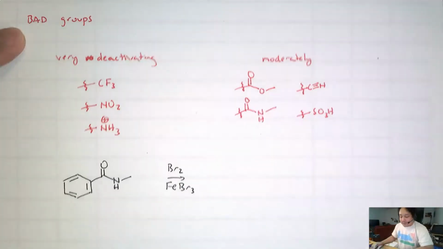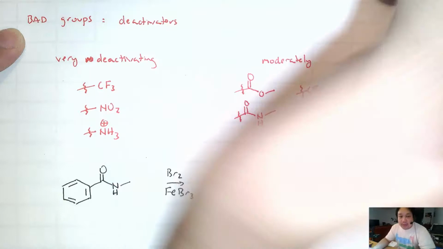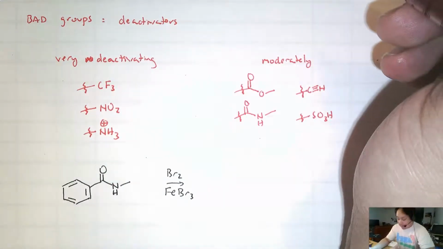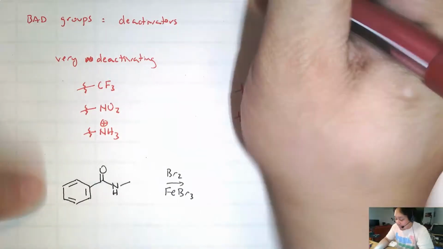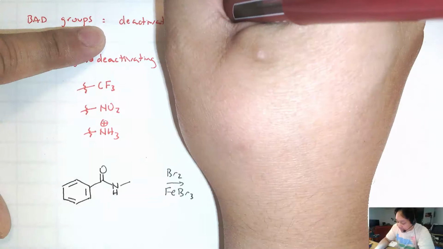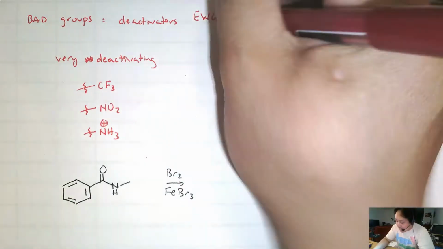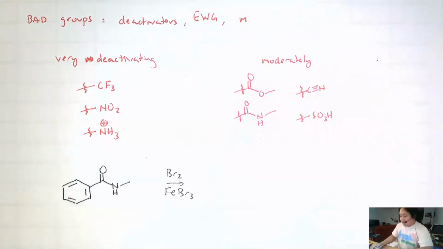Bad groups are deactivators. They're deactivating the ring because they're pulling electron density away from the ring. They're making the ring less nucleophilic. Therefore, we could also think of these as very good electron withdrawing groups, EWG, and you're going to direct the incoming electrophile in the meta position.